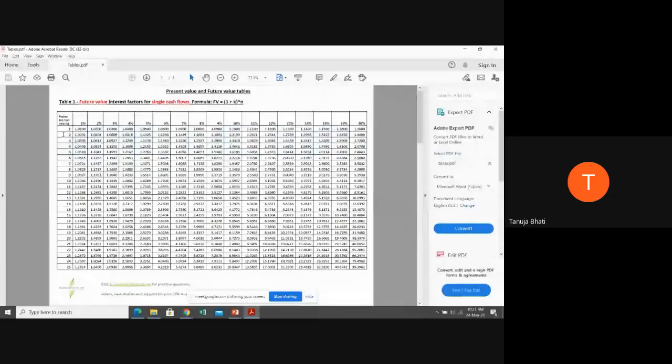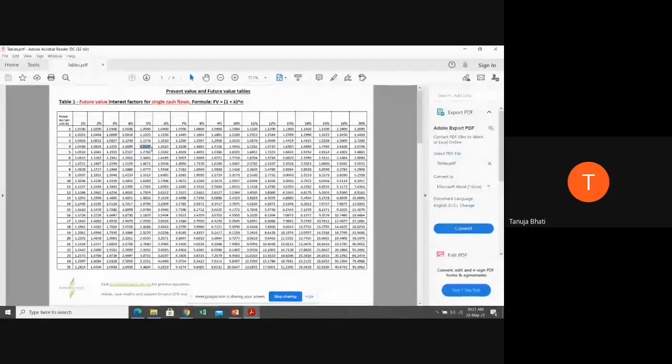Now suppose it is 5% raised to 4 years. So you have to go to 5%, and this rate you can find horizontally, and the 4 years you can find vertically. So 5%, 4 years, what is the corresponding value? For 5% for 4 years, the corresponding value is 1.2155.